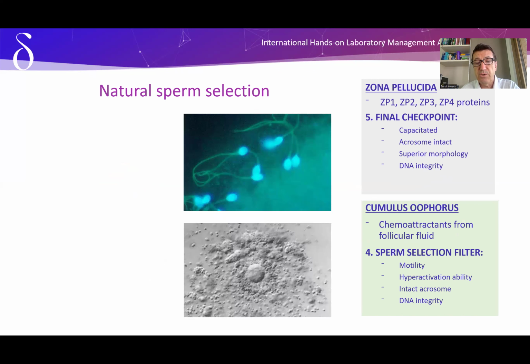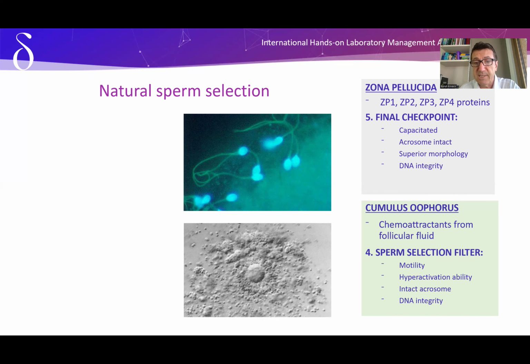And once they reach the cumulus oophorus, this represents a chemoattractant for sperm. It is derived from follicular fluid, and the sperm are selected according to motility, hyperactivation ability, also intact acrosome, and DNA integrity. And the final checkpoint, the final selection filter, is definitely the zona pellucida.